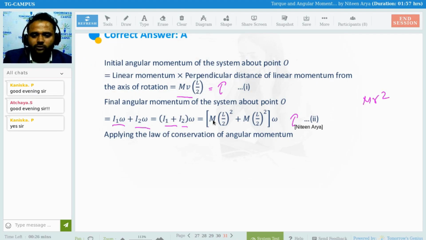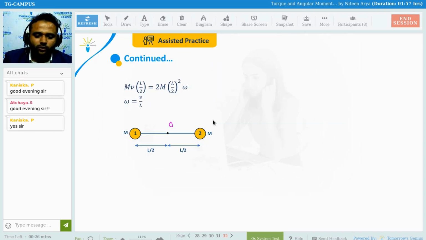That is equation 2. Applying the law of conservation of angular momentum, we equate equation 1 and 2. Then mv L by 2 equals 2m L square by 4 into omega. So simply omega is going to be v by L. The 2 is cancelled, and one L by 2 is cancelled from itself directly. So this is how you can find your correct answer A.